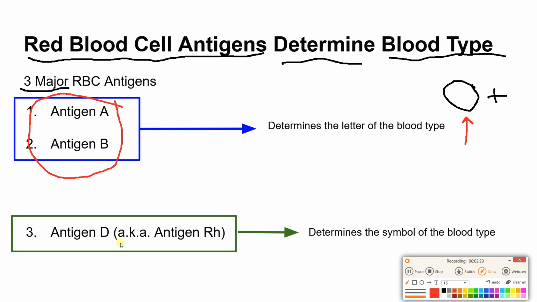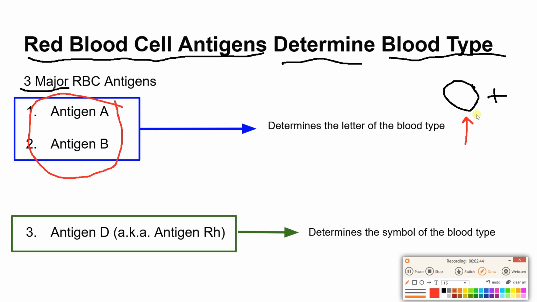Now, the third one is called antigen D. It's also called antigen RH. It determines the symbol of the blood type, whether your blood type is a plus or a minus. So you've either got A and B, just A, just B, or neither of these 2. And that particular combo determines the letter.